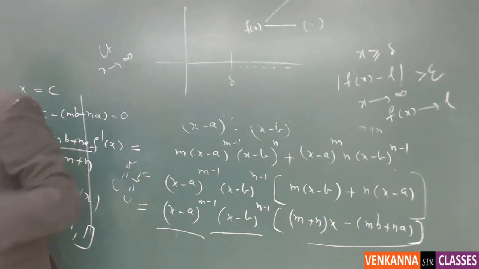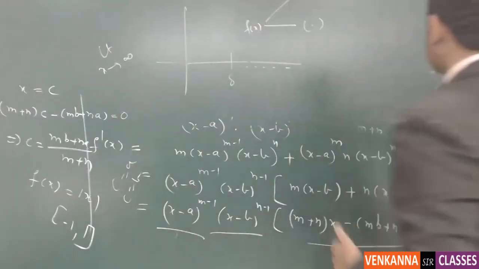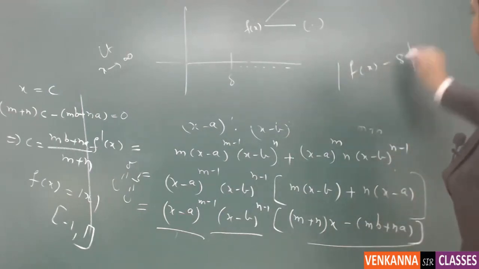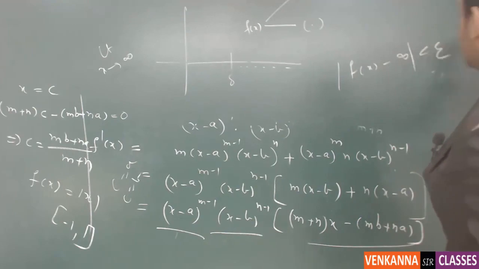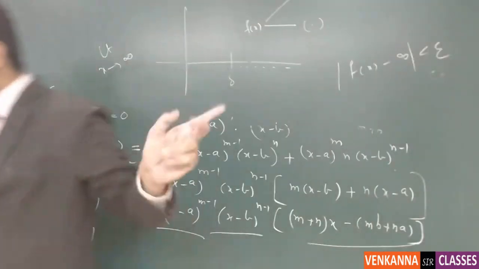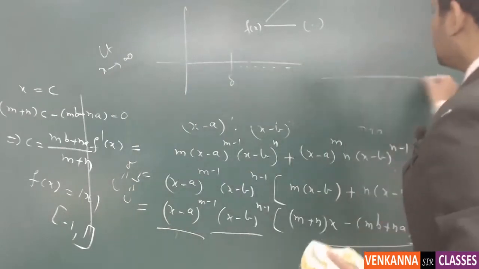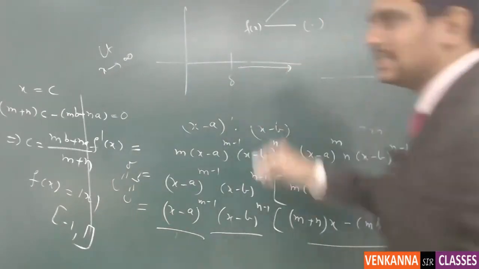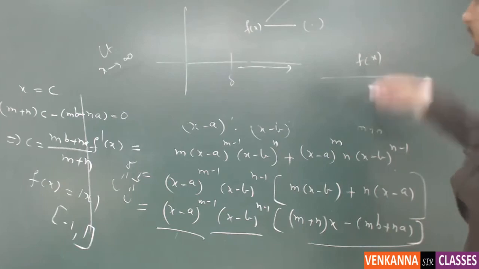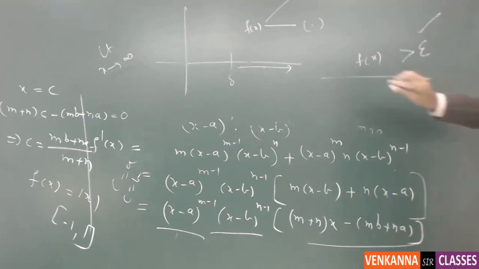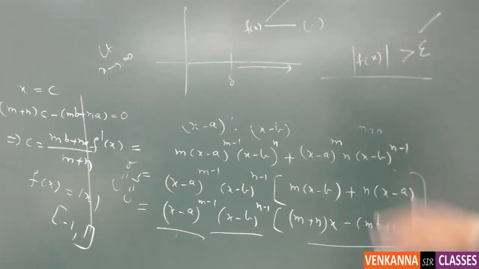Clear? So in this way, since you cannot write mod f of x minus infinity is less than epsilon, to avoid that technique, it was given that as and when x goes on increasing, you check for f of x. If you have proved that f of x is always greater than epsilon, then it means the function is tending to infinity.